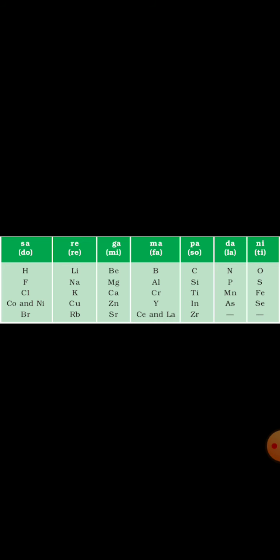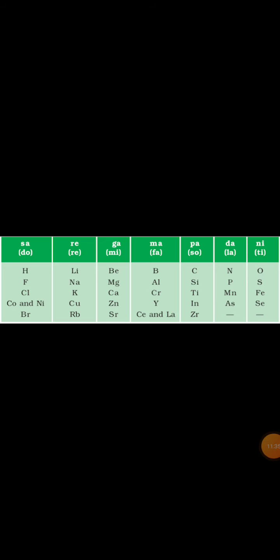Table number 5.3. I'm sure you got it. In the first column, he placed two elements together. What are they? Cobalt and nickel. Similarly, in the fourth column, he placed two more elements together. What are they? Cerium and lanthanum.